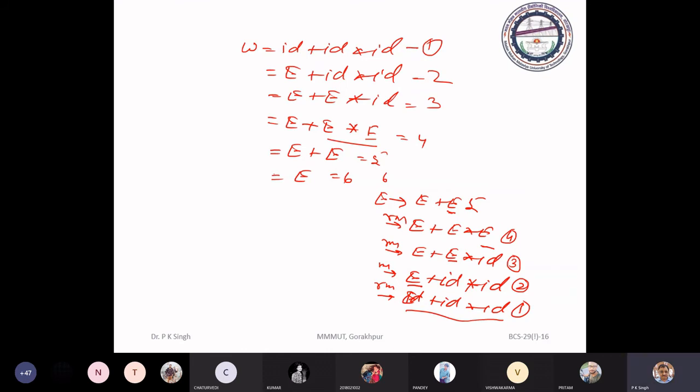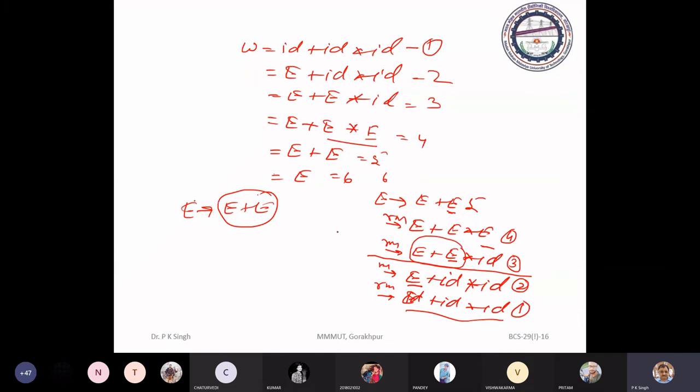Here we have some restrictions, and how we introduce those restrictions in the algorithm, that we will discuss, because at this very junction you have this substring of this sentential form matching one of the productions, E to E plus E. You may reduce it to E, but we are not reducing it.